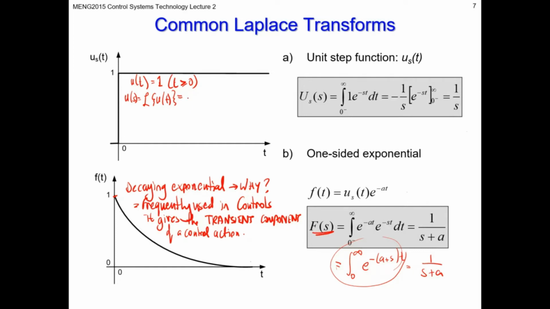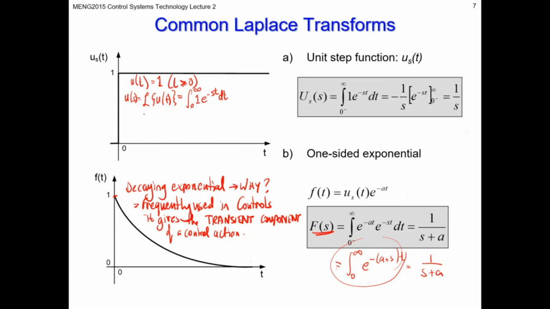That will give us the integral between 0 and infinity of our function u of t times our Laplace operator e to the minus st, integrated with respect to time between 0 and infinity.